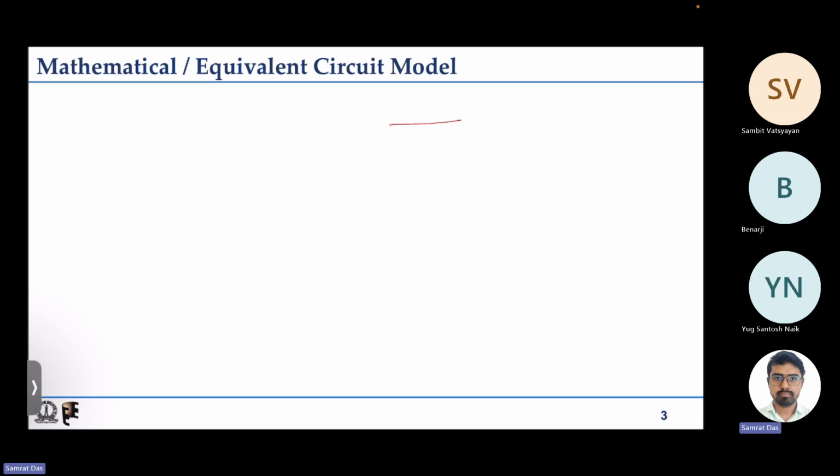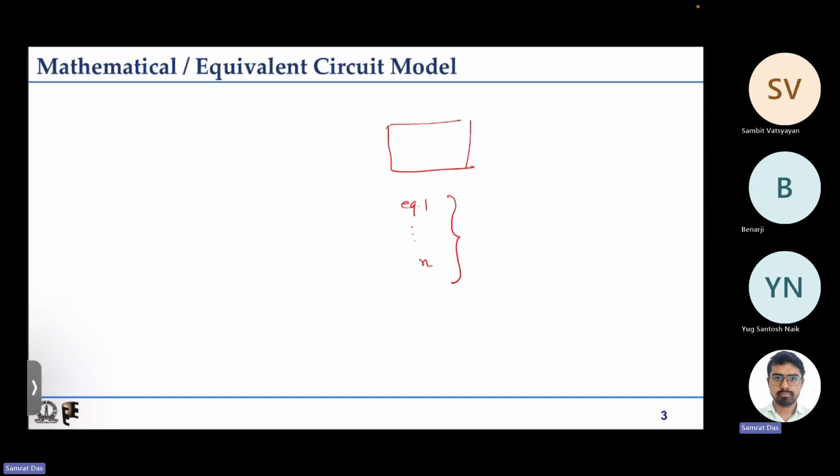So if we have a physical system, if we have a set of mathematical equations, the equation 1 to n, then the set of equations actually represent the mathematical model of the system.